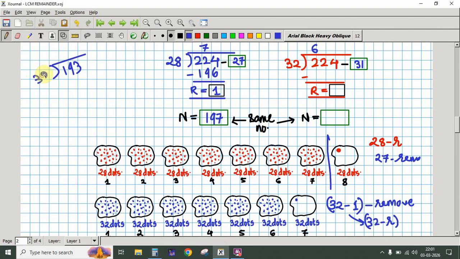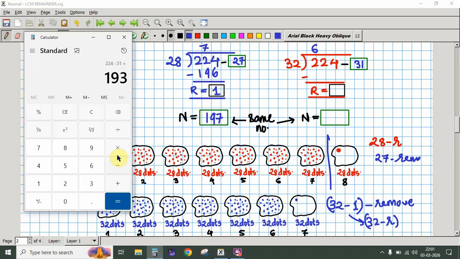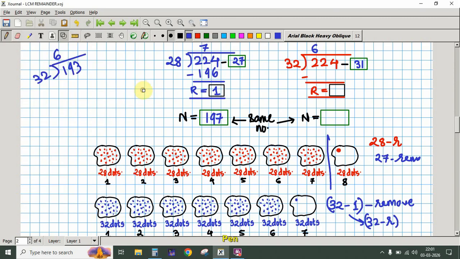And who is dividing? 32. So 32 sixes, right? I have these 6 sets totally intact, not disturbed. What is 32 sixes? 32 sixes is 192. Remainder is 1 and this number is 193. So this is 192, remainder is 1. I hope this is clear.